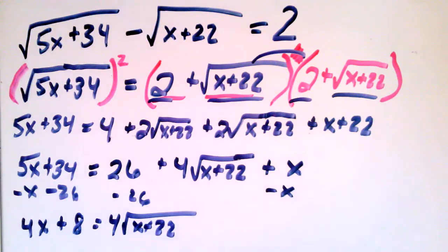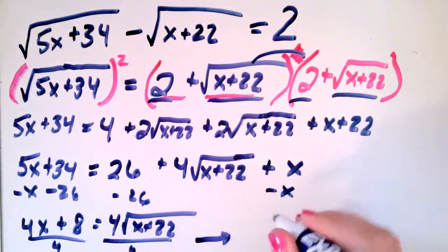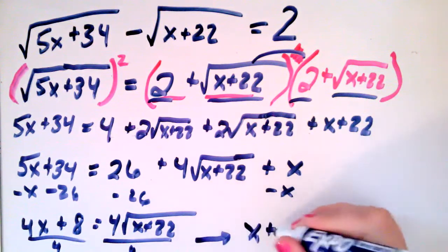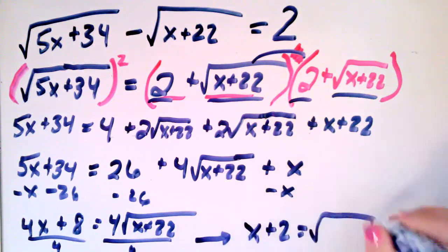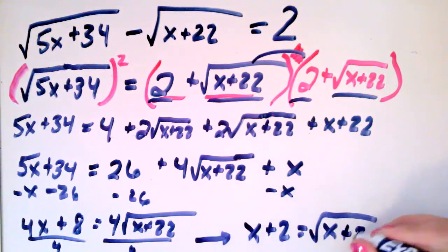So I'm pretty close to having that alone. And then you can square right now because it's multiplied, right? It's not two separate terms. But if you notice that everything in this whole equation is divisible by 4, it might make your life a little bit easier to just divide by 4 right now. And so I'll end up with x plus 2 equals square root of x plus 22.